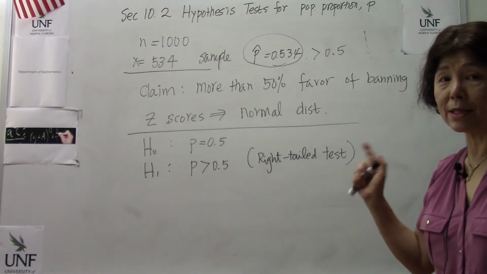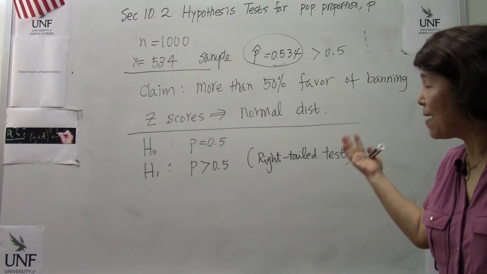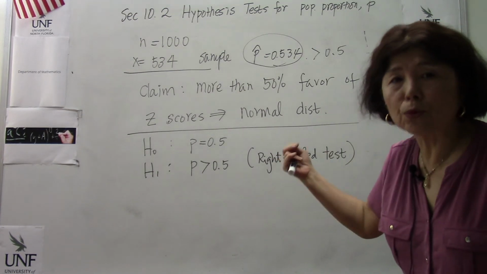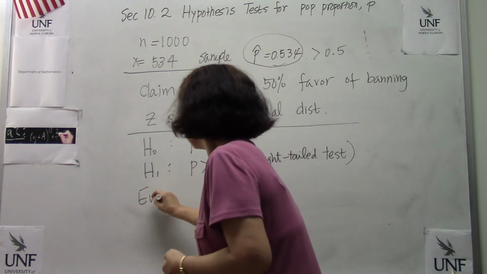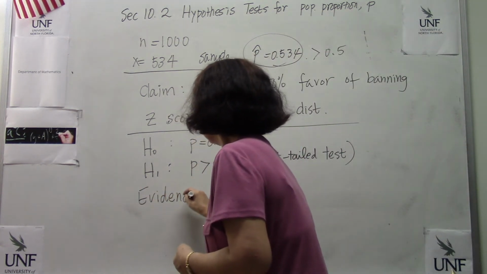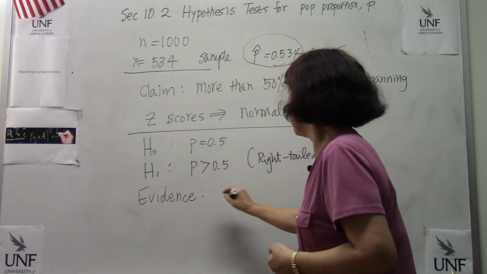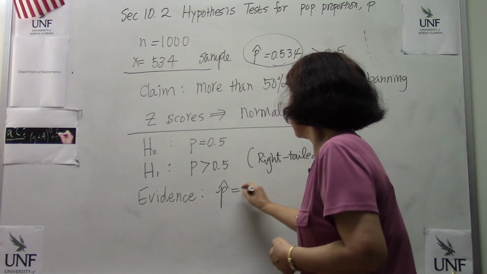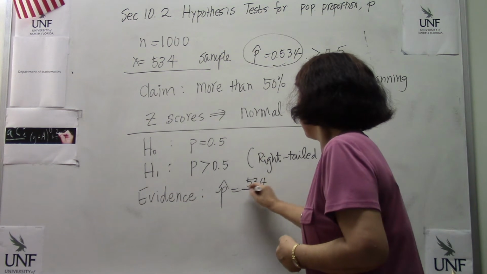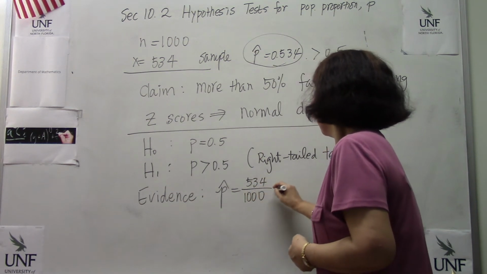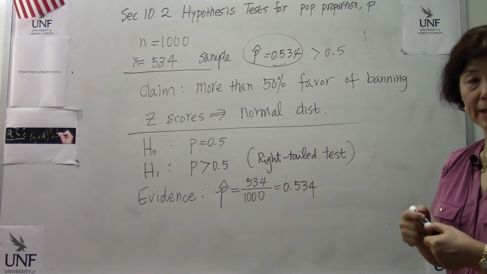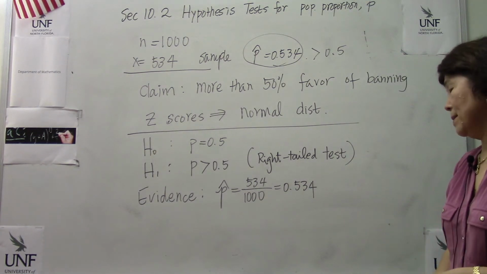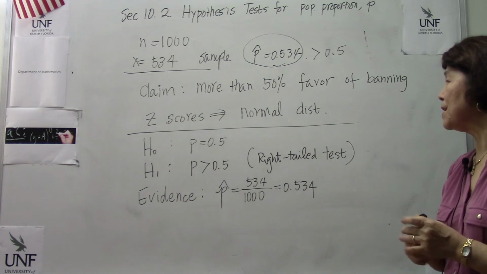What kind of evidence and how you are going to use the evidence. Over here, the evidence is going to be the sample proportion, that is 534 out of 1,000, 0.534. Okay, so what? Well, this is only the beginning of the story.